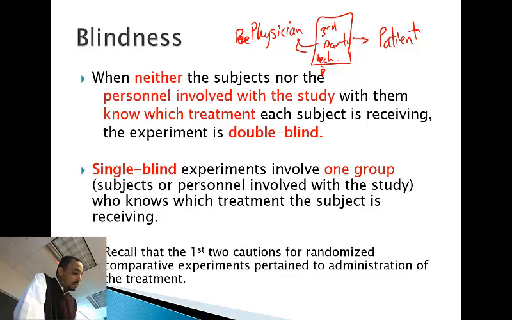The patient can just respond, and the physician can collect data without being partial. Now, a single-blind experiment is when one group doesn't know that they are getting the treatment or whatever.